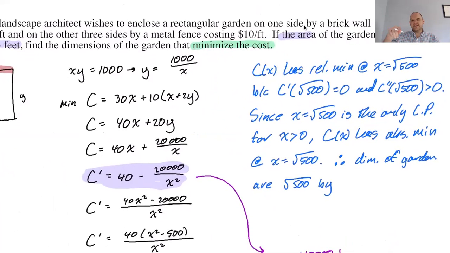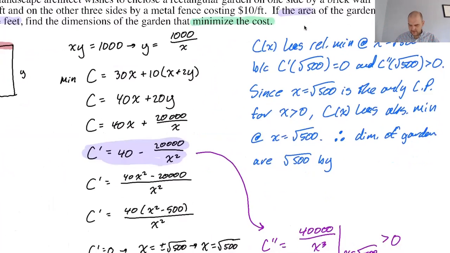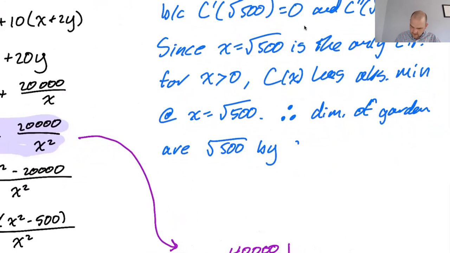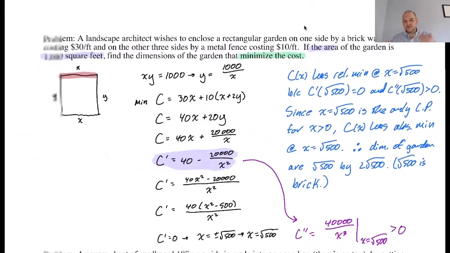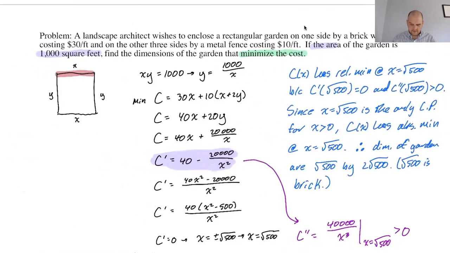If you rationalize that, you get 1,000 radical 500 over 500, so you get 2 root 500. So by 2 root 500, and then I'm going to say in parentheses, radical 500 is brick, because you do want to distinguish, because if you do the wrong dimension in brick, then your costs are all out of whack.